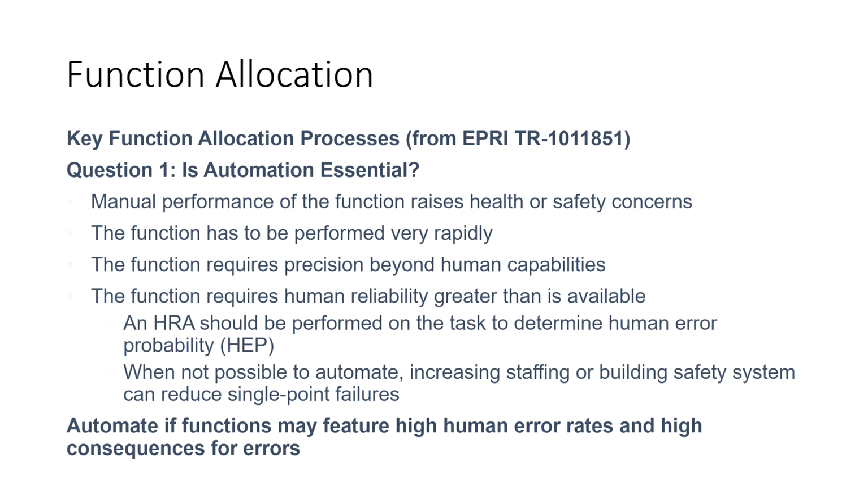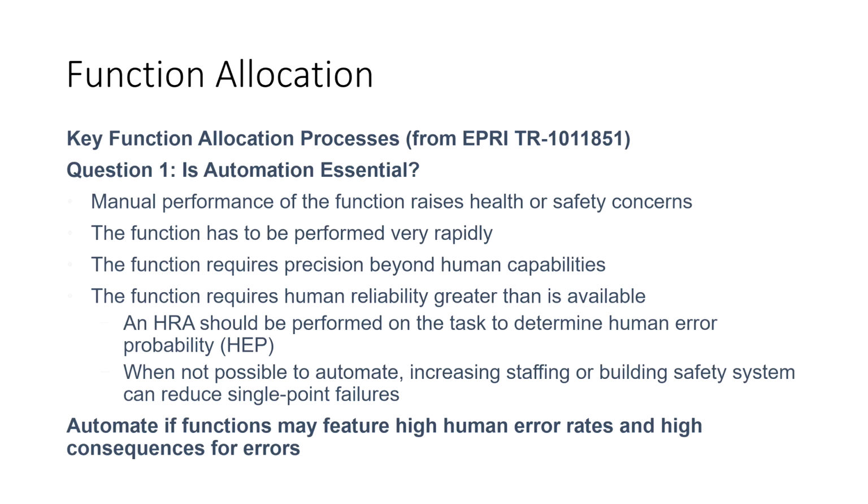This is where you could deploy an HRA analysis to better determine the human error likelihood or probability. And when it's not possible to automate, but any of these conditions may be present to some level, then you typically want to increase staffing or build safety systems that can reduce the likelihood of single point failures.